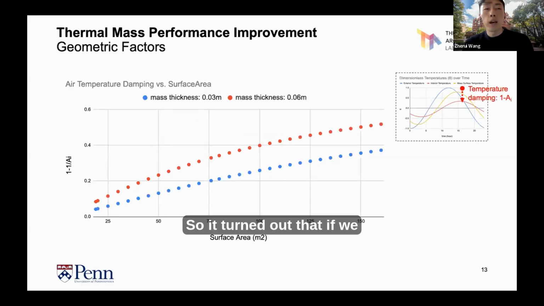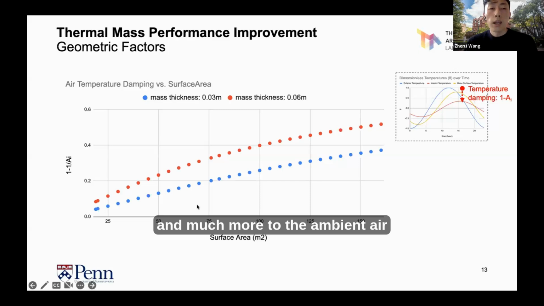It turned out that if we expose a much larger amount of surface to the ambient air, while calibrating the thicknesses of the thermal mass, we're able to improve the temperature damping factors, right?